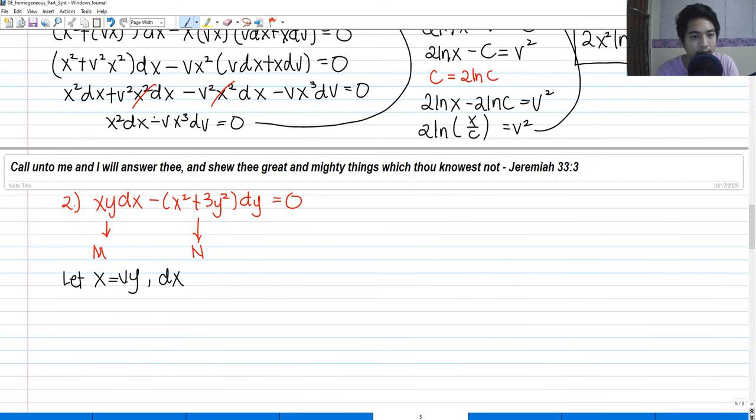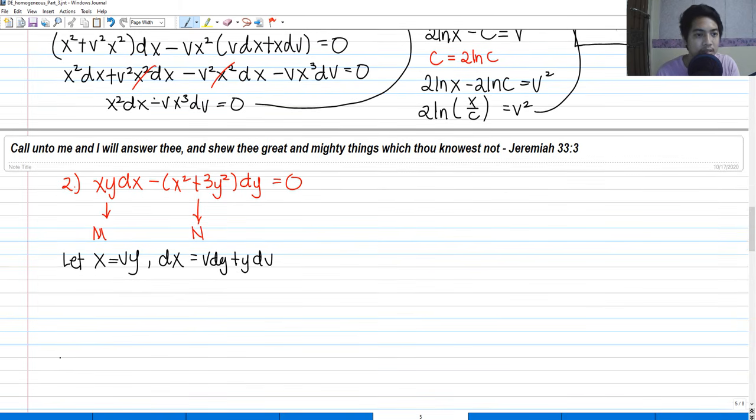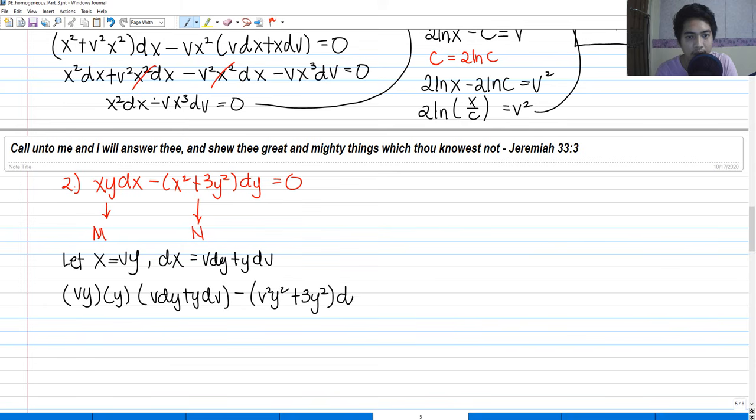and get the derivative of this, which would be v dy plus y dv. So substitute all the values of x with vy. We have vy, that is our x, multiplied by y, then dx, which is v dy plus y dv, then minus x squared, which becomes v squared y squared, plus 3y squared, and then we have dy equals 0.